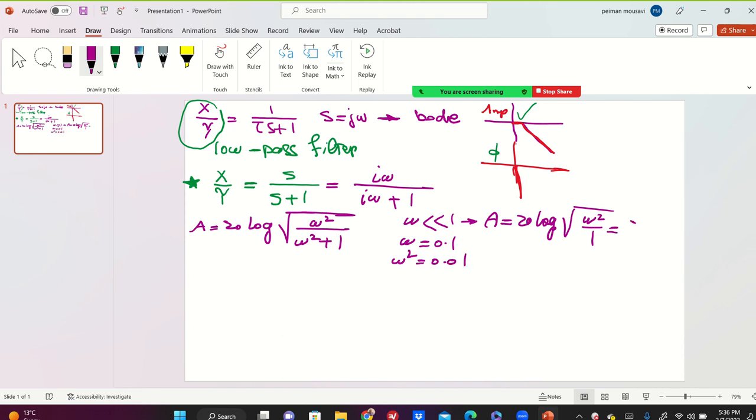So it's gonna be 20 log of omega. So by giving the number, for example, 20 log of 0.01, it's gonna be minus 20. See what I'm saying?